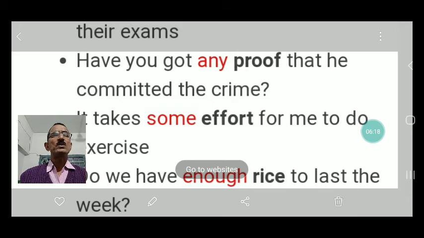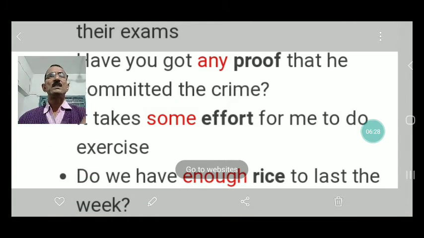So in interrogative and negative sentences, any is used, and some and enough are used in most of the cases. So here you can see that it takes some effort for me to do exercise. Do we have enough rice to last the week? Means till the end of the week comes, we can consume these things up to there.